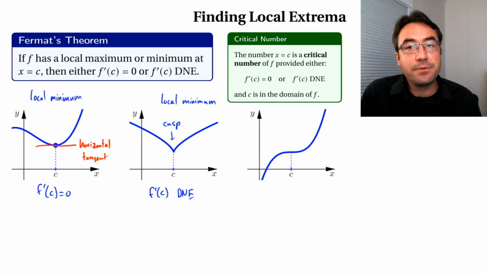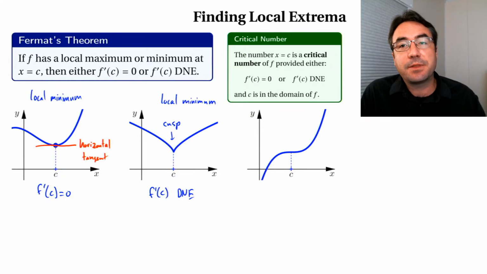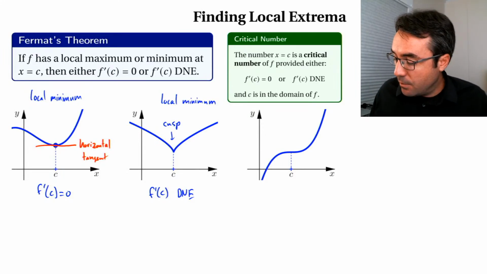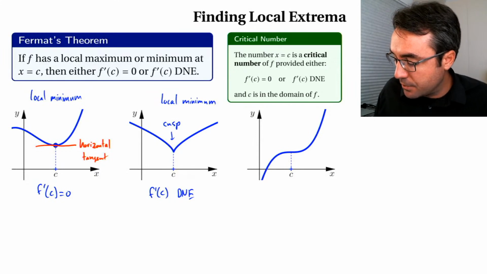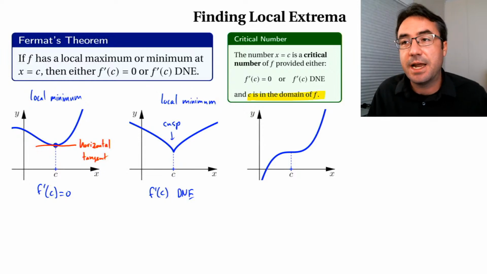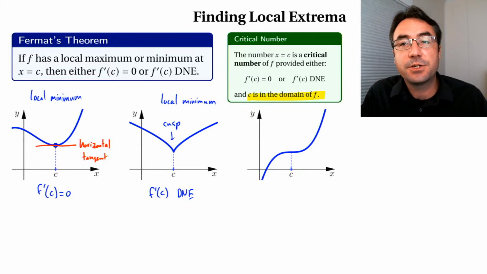So knowing where the derivative is equal to 0, knowing where it's undefined, those are important. They really give us a lot of information about the behavior of f. So we call those the critical numbers. And then one other requirement for the critical numbers is the x value there needs to be in the domain of function f. So our function does have to be defined there for it to be a critical number.